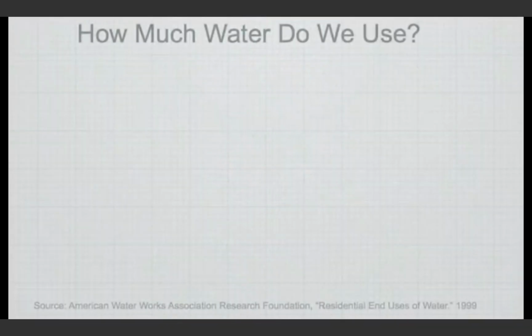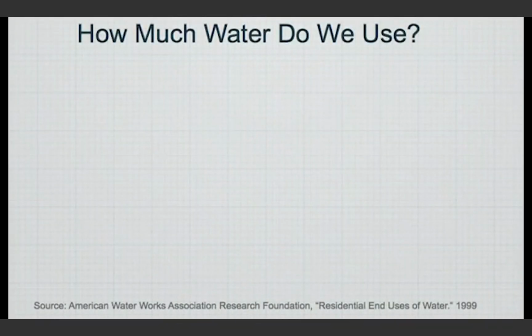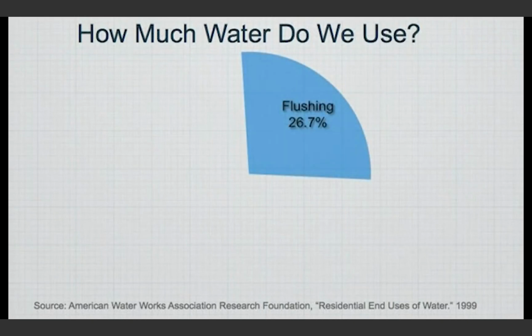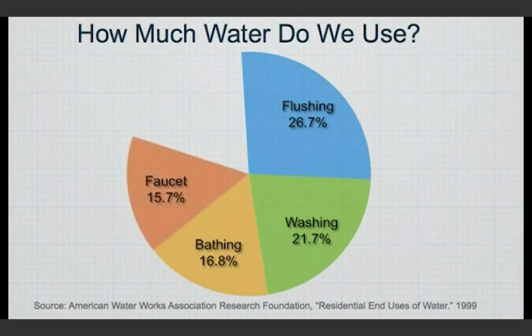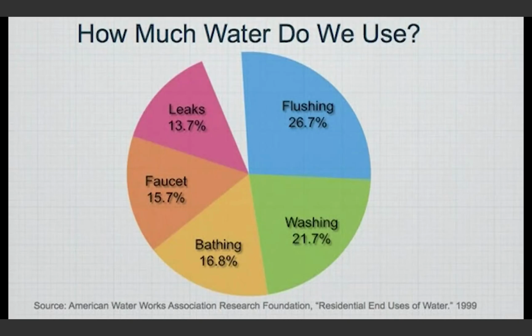A Water Research Foundation report on residential use found 26.7% was used for flushing toilets, 21.7% washing clothes, 16.8% bathing, 15.7% faucet use, leaks 13.7%, and 5.3% is other uses.